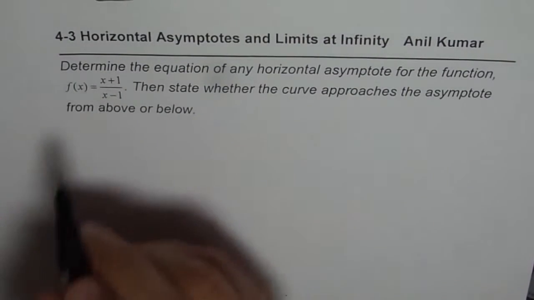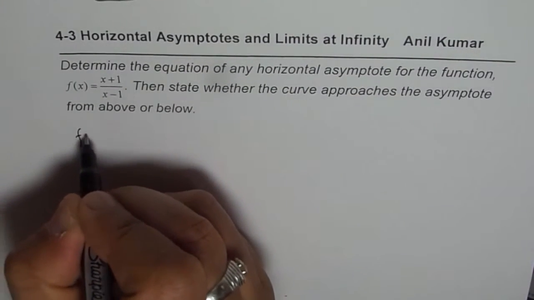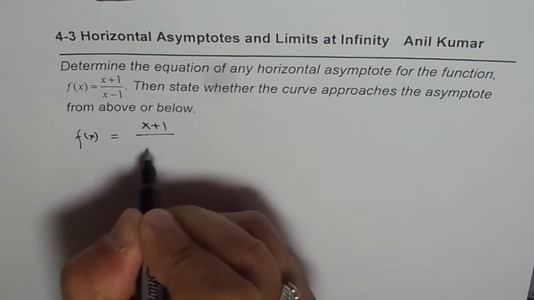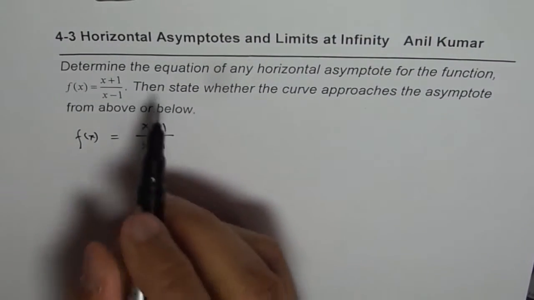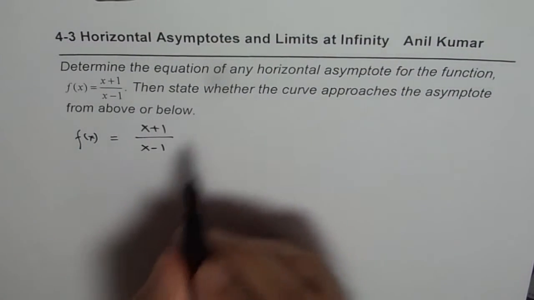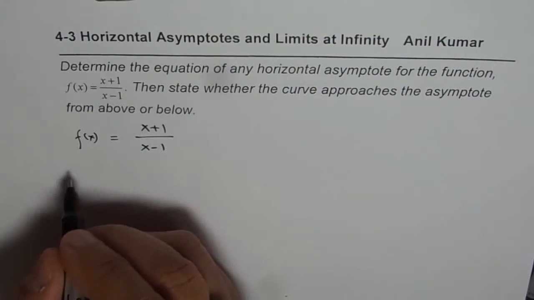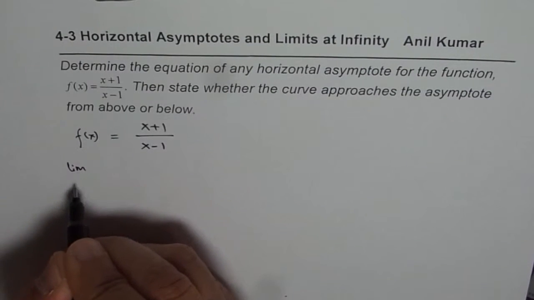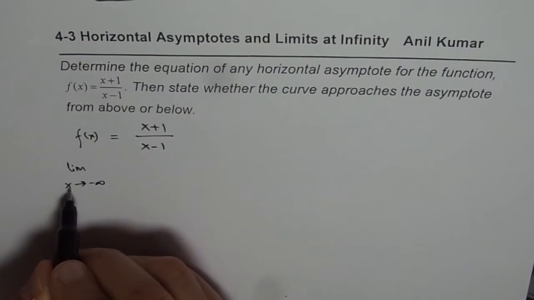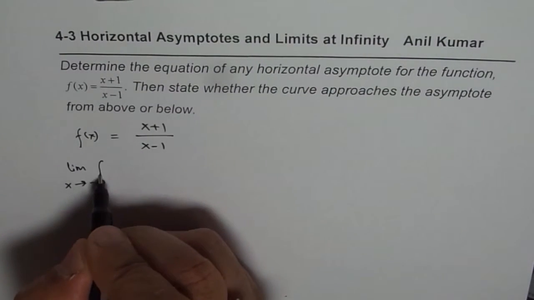Now, let us understand what a horizontal asymptote is. We are given the function x plus 1 over x minus 1. A horizontal asymptote is basically the end behavior of the function. We try to find the limit of the function as x approaches a large negative value, which we may say negative infinity.